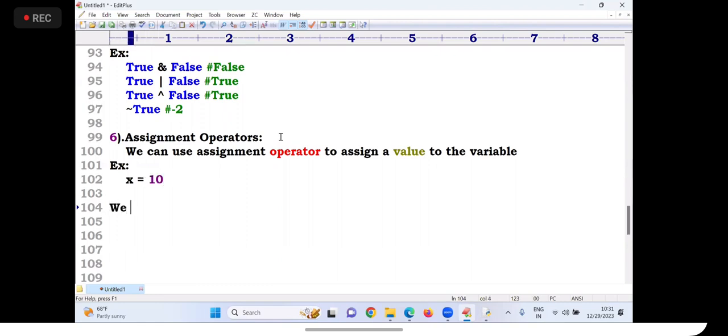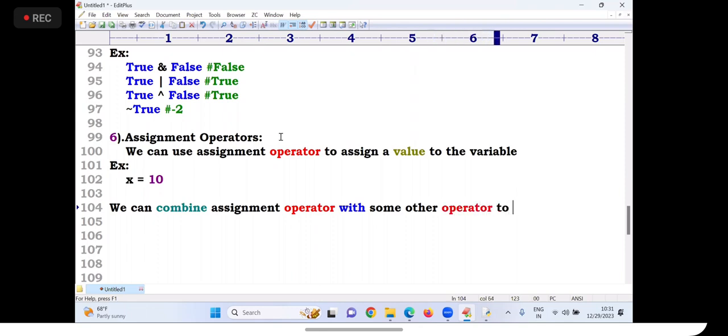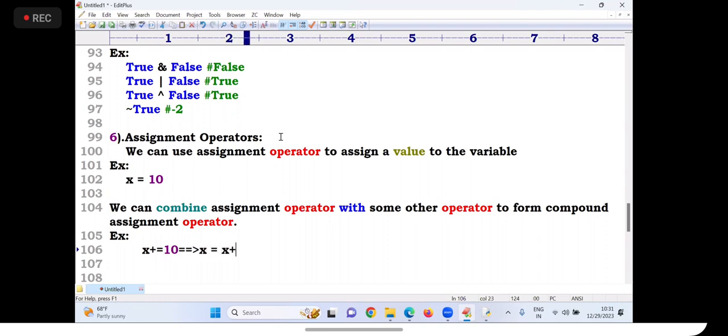Now, we can combine the assignment operator with some other operator to form compound assignment operators. For example, I can give x plus equal to 10. It is the same as x equal to x plus 10.